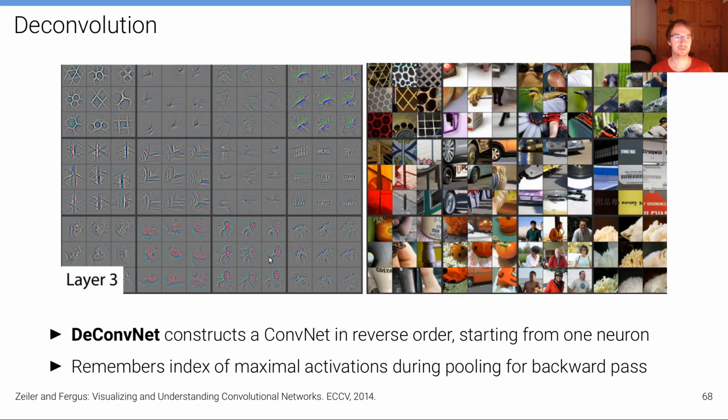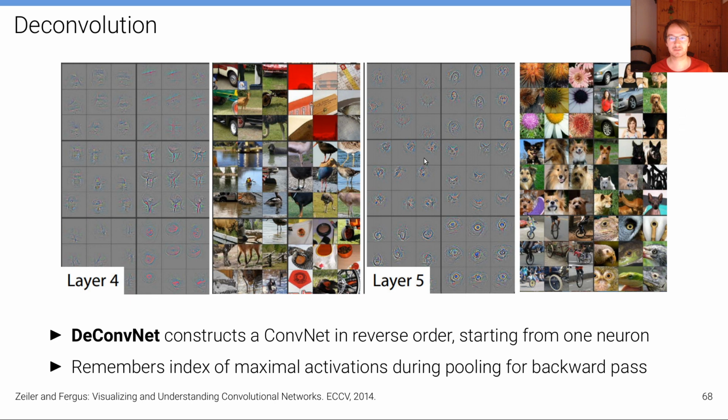In the third layer, we see already bigger constellations of objects like head and torso, for instance. And in the fourth and the fifth layer, we see entire objects appearing, such as entire faces, or animal faces.